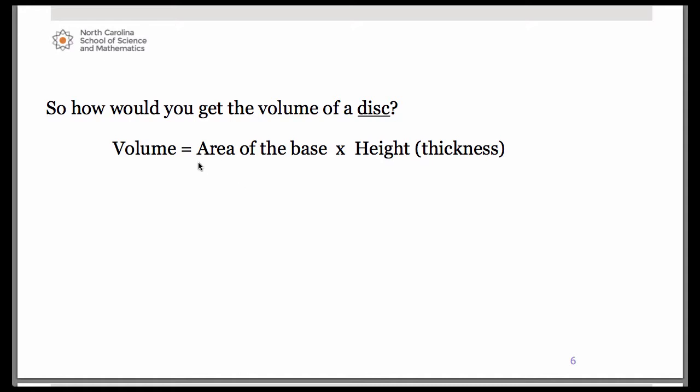So the area of the base is pi r squared because it's circular. And the height, our thickness, is going to be either dx or dy, because remember, we're talking really skinny disks. Maybe a flat coaster, the cardboard kind that you see in restaurants on which you put a drink. Think something like that.